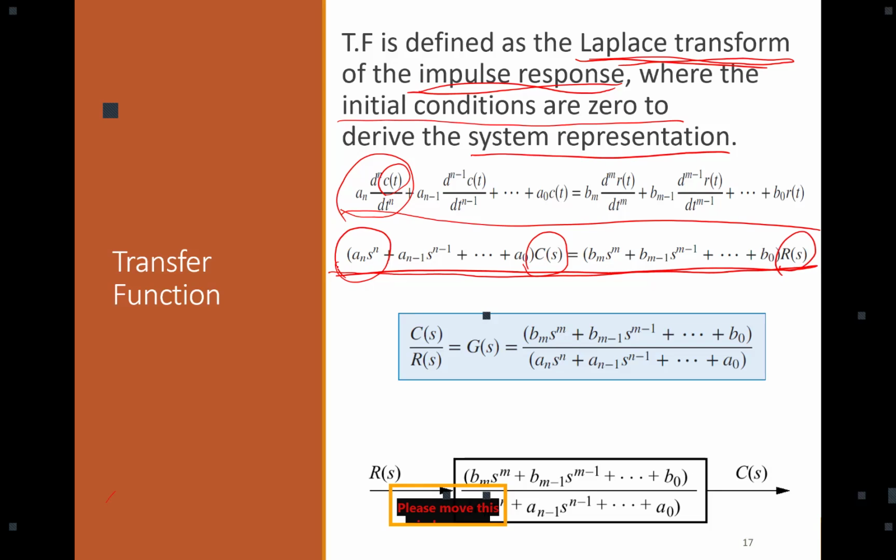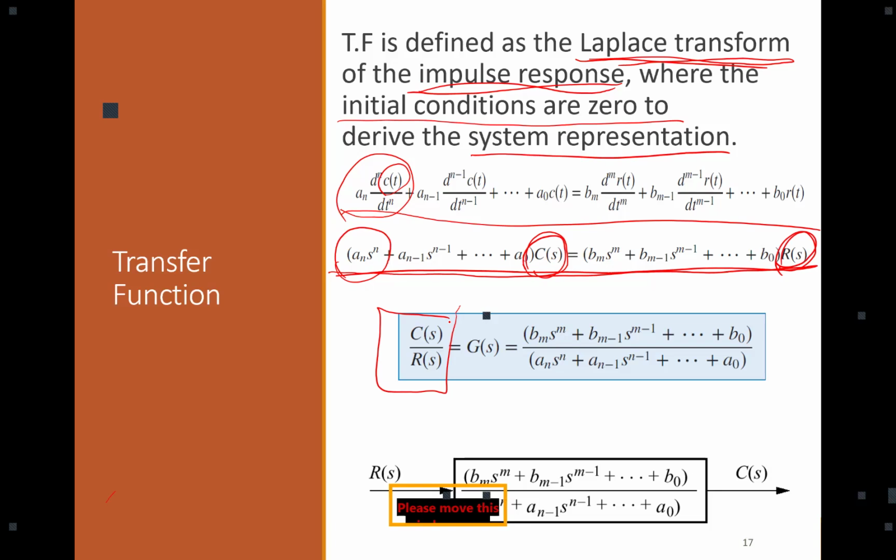Now that we have this Laplace transform, that S domain formula, we can define the relation between the output and the input. That relation, C(s) over R(s), we call the transfer function. Normally we show it by a capital letter G, but it doesn't matter.